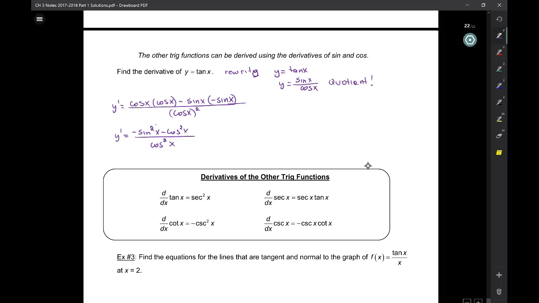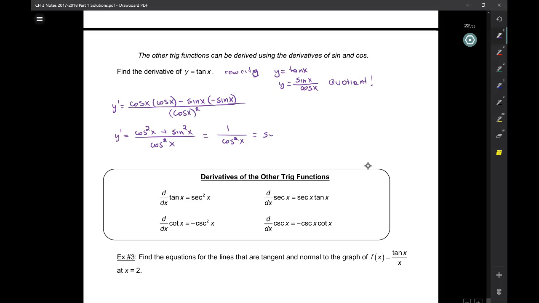So what do we have now? Cosine squared x plus sine squared x, right? That's 1. So that's 1 over cosine squared x. And what is 1 over cosine? It's secant.